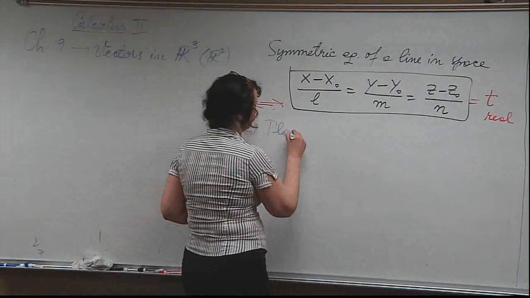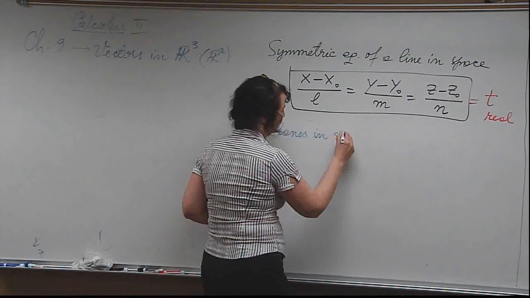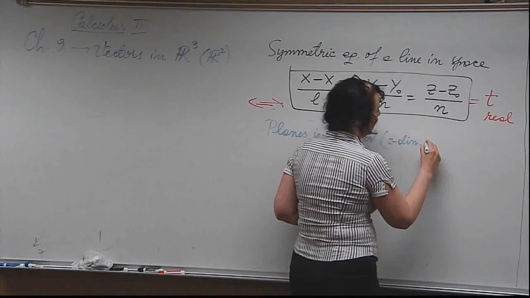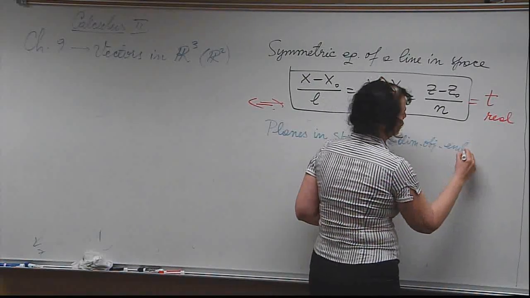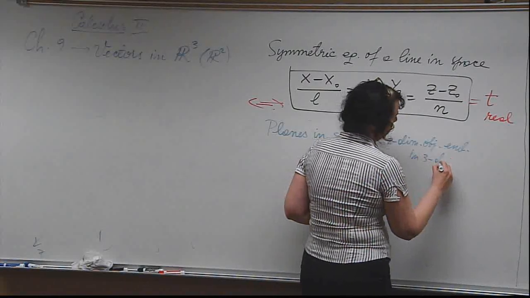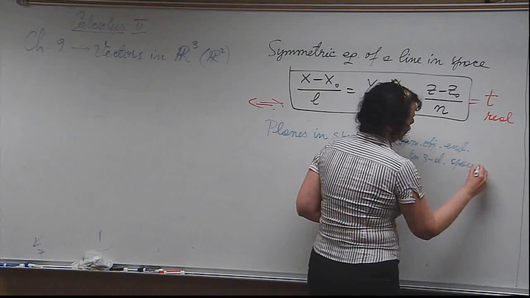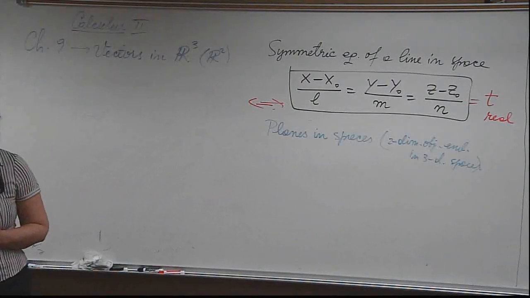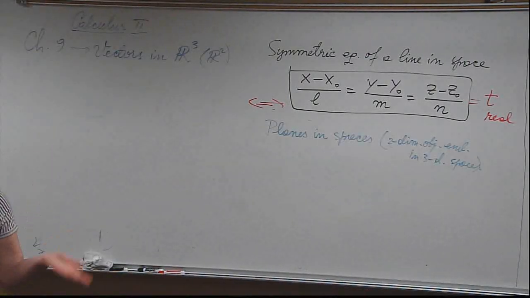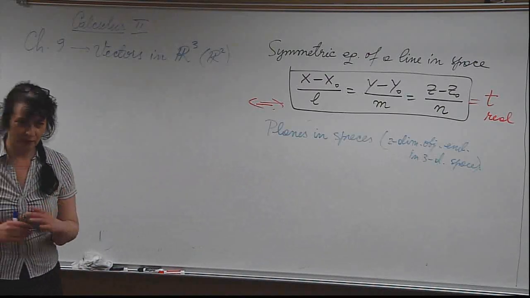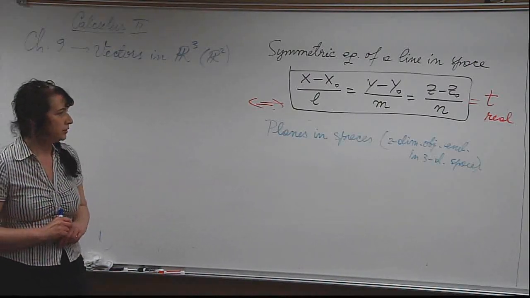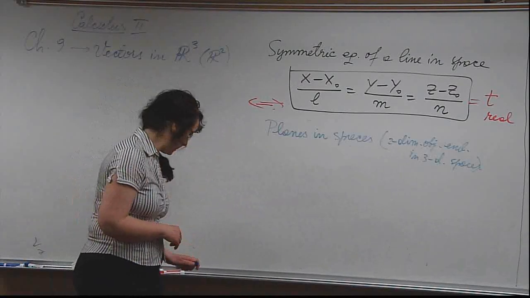Planes in space are two-dimensional objects embedded in three-dimensional ambient spaces. This is what we are talking about. But even if you lived in a four-dimensional space, five-dimensional space, n-dimensional space, in the space of your imagination, if you had this two-dimensional object, it would still be called a plane.